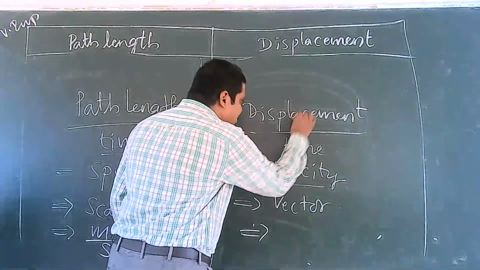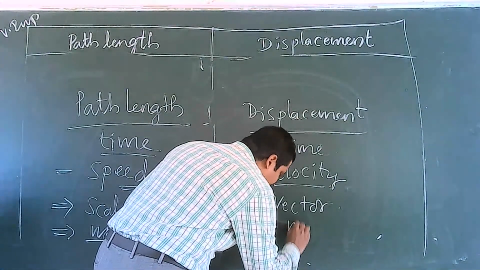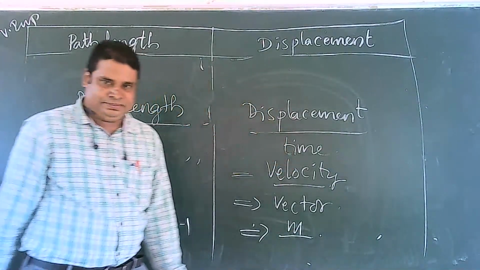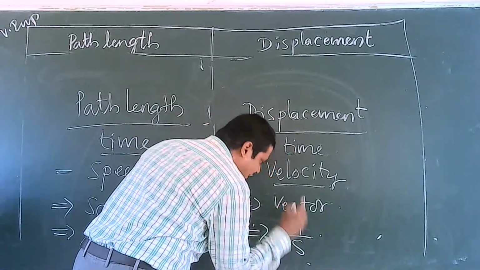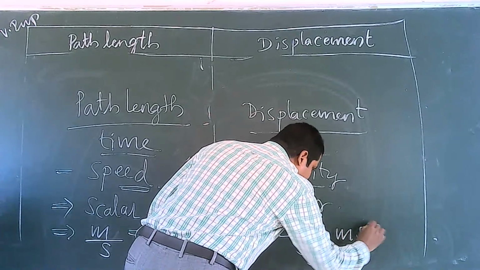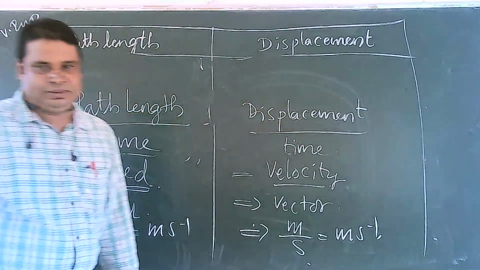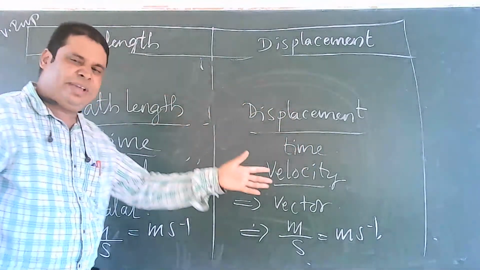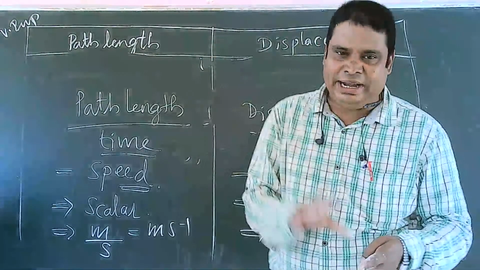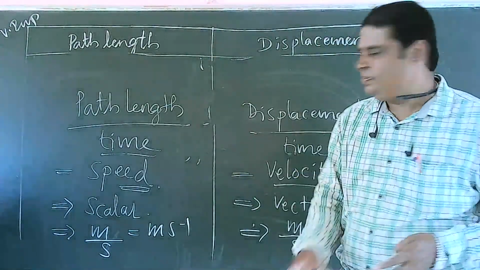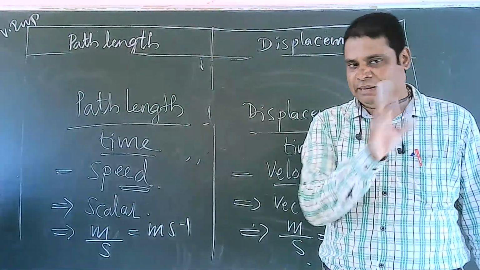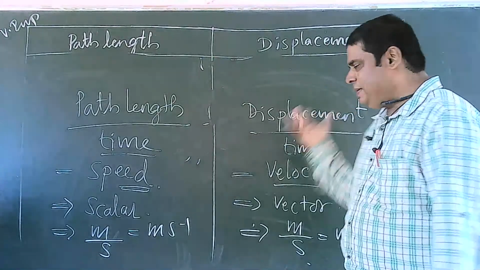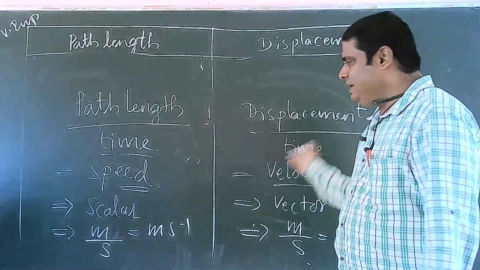Similarly, your displacement we measure in terms of meter, divided by time, meter per second, equal to m s^-1. These are minimum things you can remember. You can relate your displacement and path length with speed and velocity. Your velocity is a vector quantity, remember. Why? The displacement is a vector quantity, and you are dividing it by time.